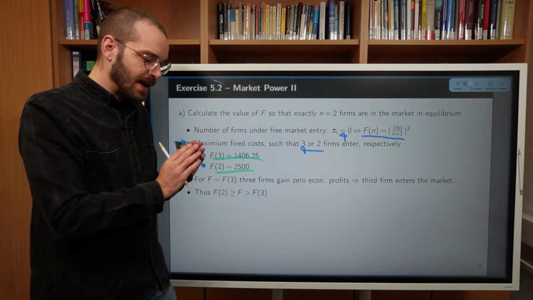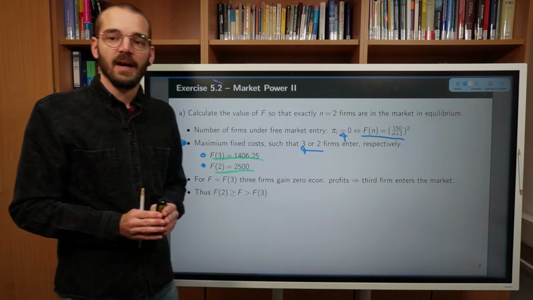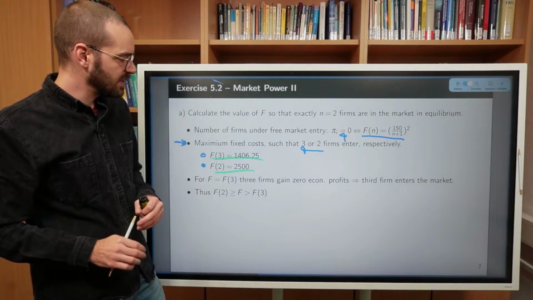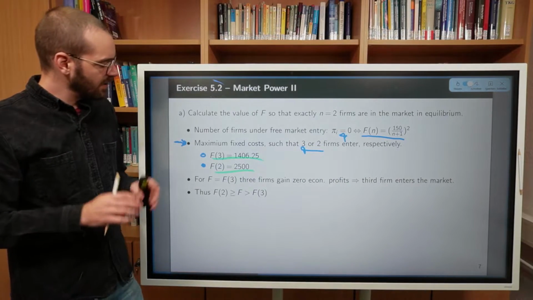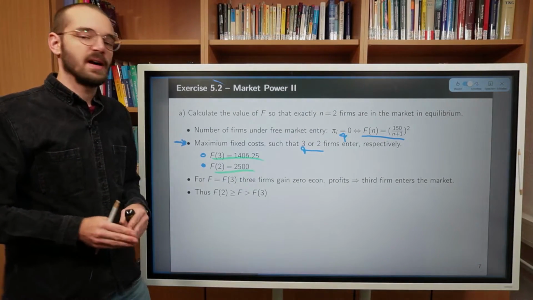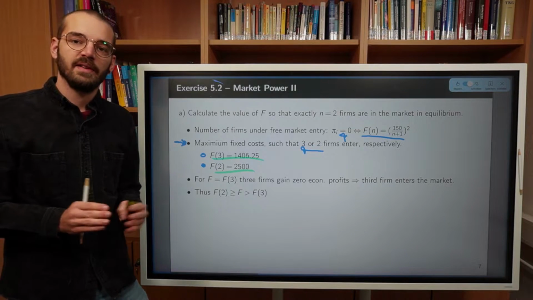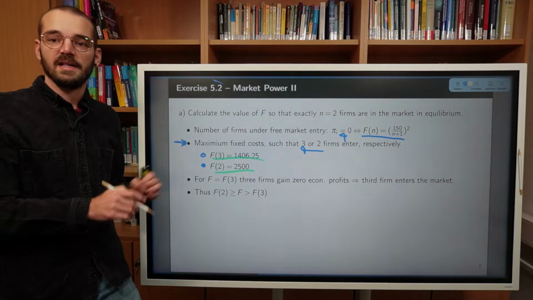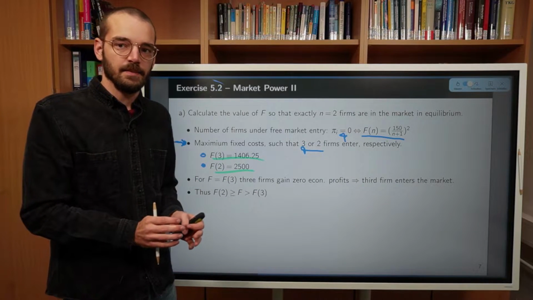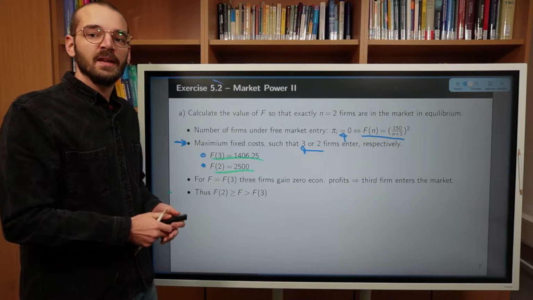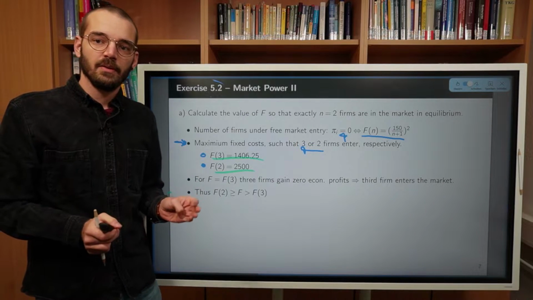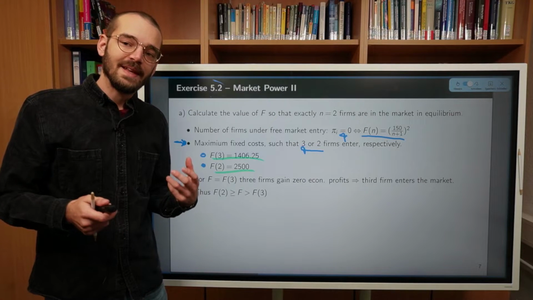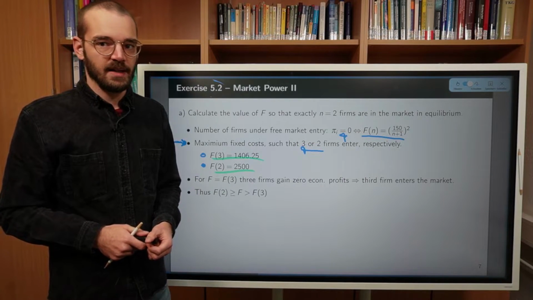All right? We can then find out that for there to be exactly 3 firms in the market, fixed costs would need to take a value of 1,406.25, and for there to be exactly 2 firms in the market, fixed costs would need to take a value of 2,500. Now these 2 numbers, as I outlined earlier, define the interval for the possible values of the fixed costs so that there are exactly 2 firms in the market, right?